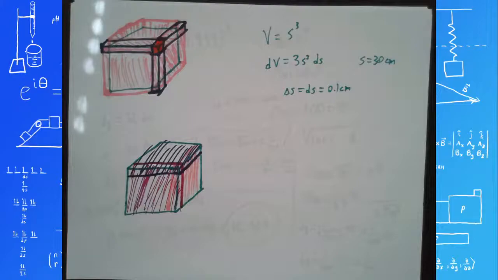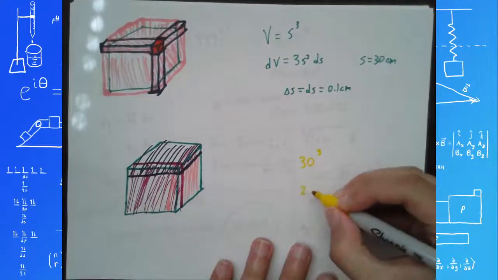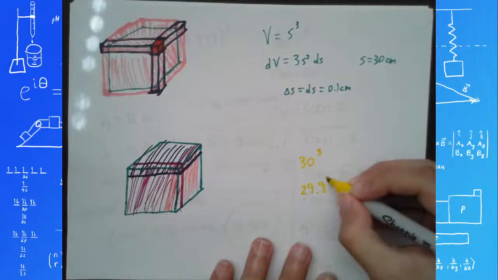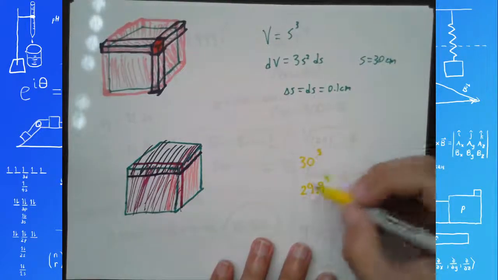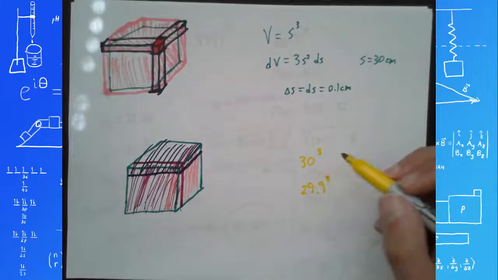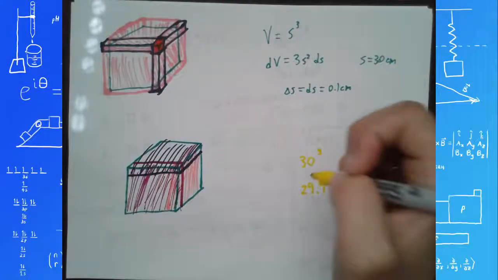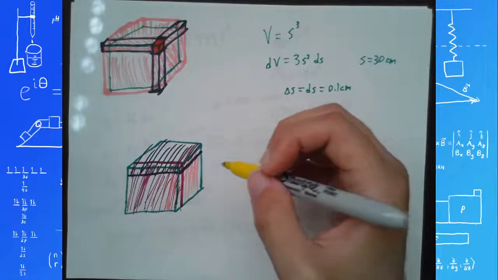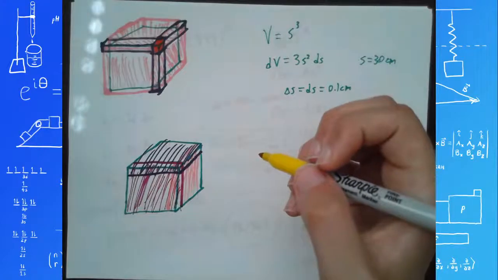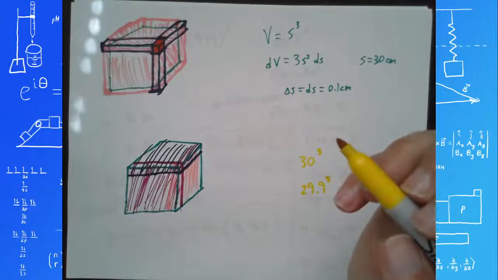Right? If you compare 30 cubed versus 29.9 cubed, and if you subtract those two versus 30 cubed minus whatever dV is going to turn out to be, then 30 cubed minus dV is going to give you something smaller.